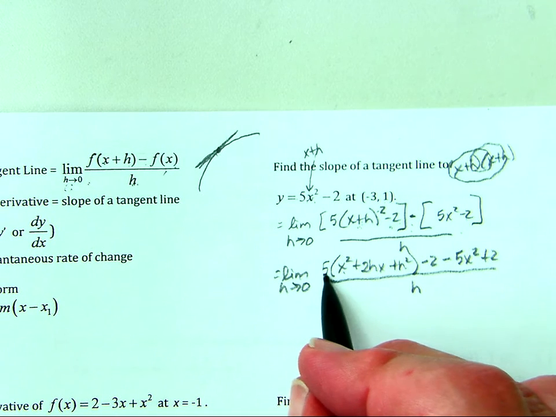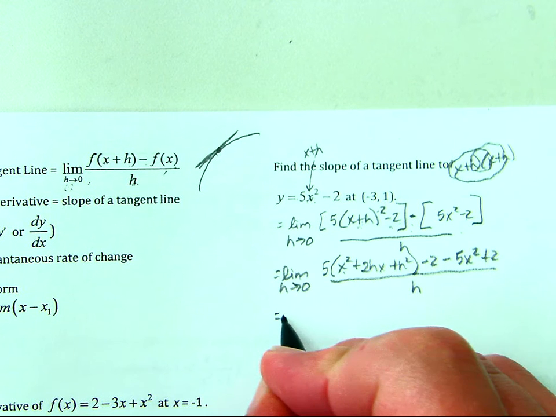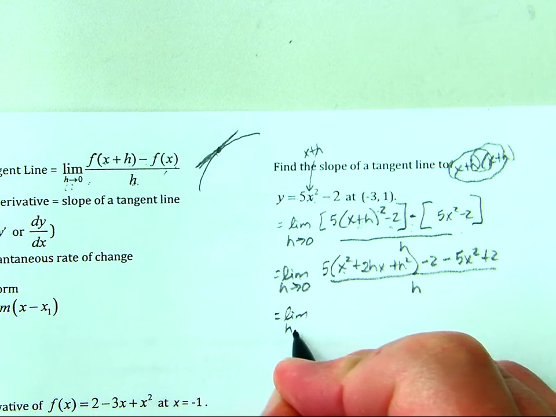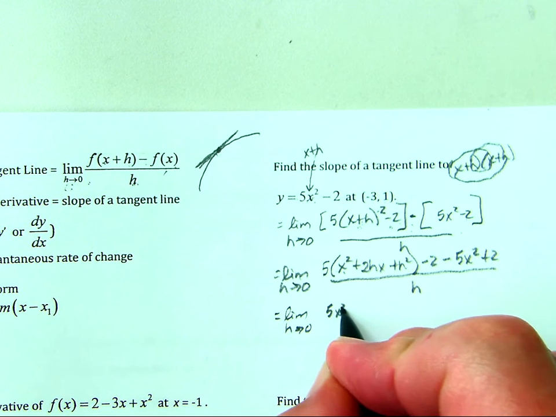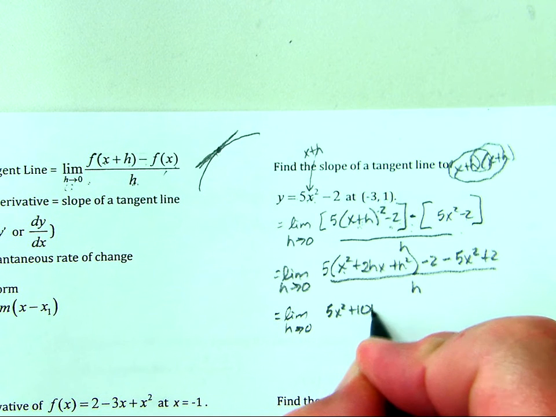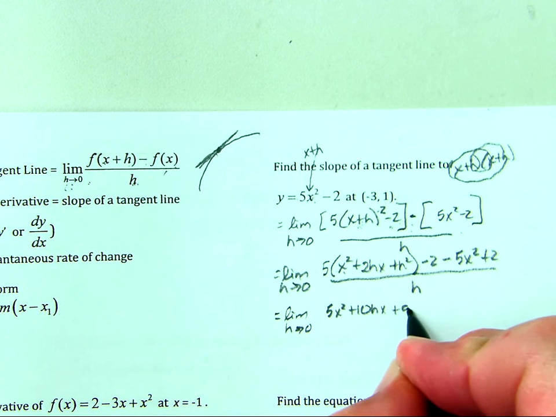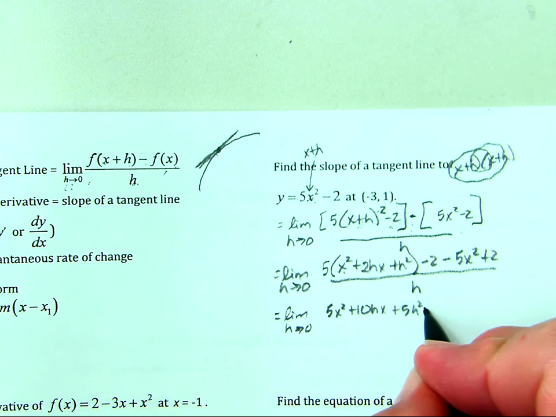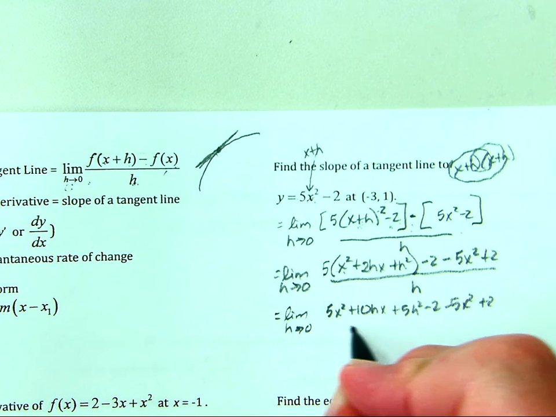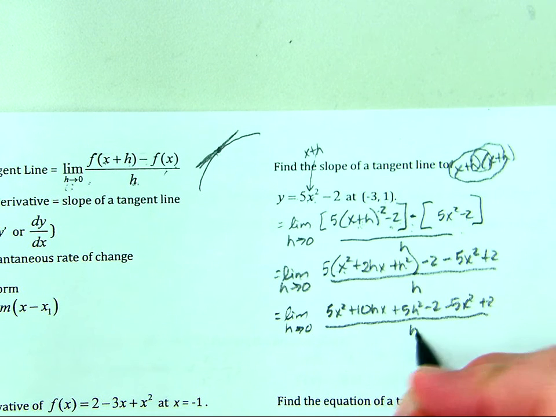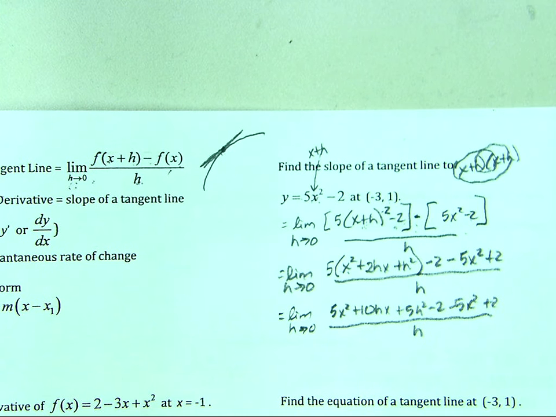Now we have a 5 outside those parentheses. Let's distribute that 5. So that'll be 5x squared plus 10hx plus 5h squared. Now we have a minus 2, a minus 5x squared, and a plus 2. So we got that top all worked out. Now at this point, there should be a lot of stuff that cancels out.